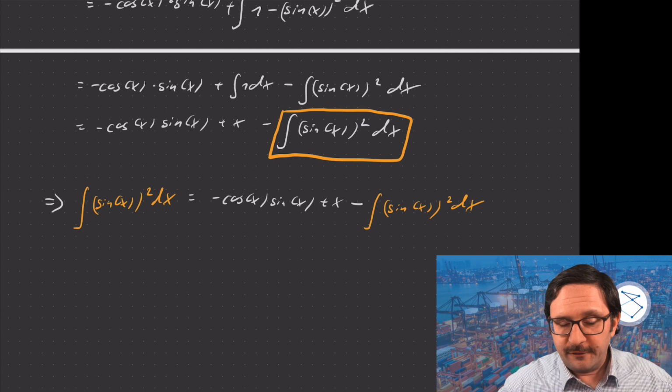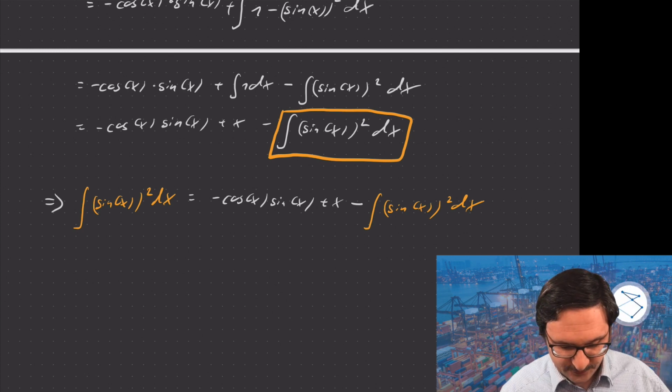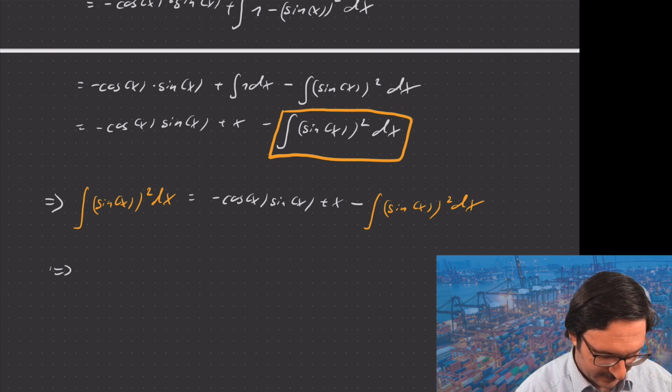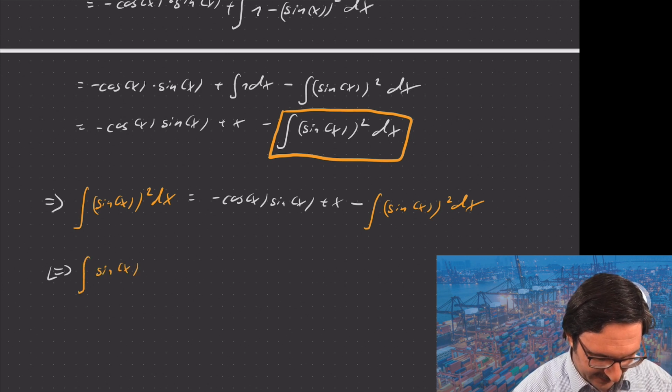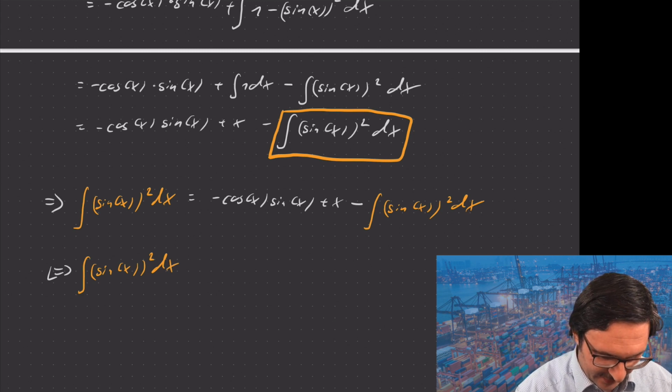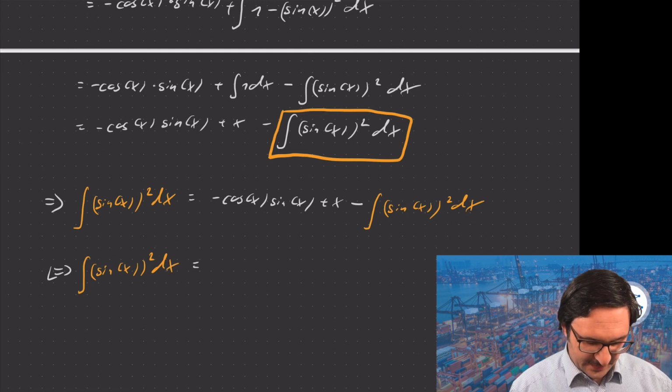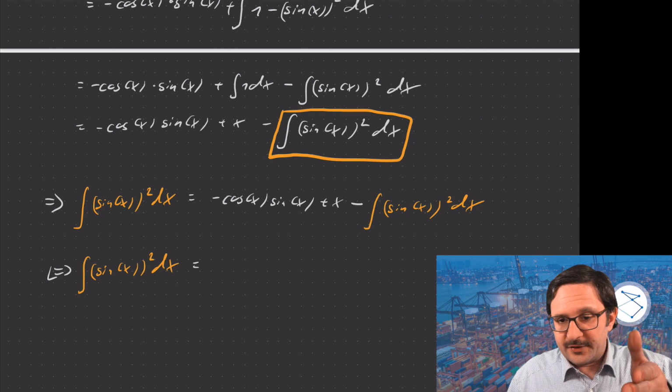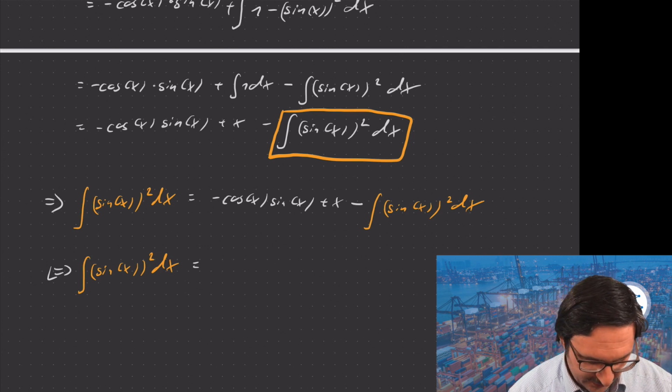So we can just solve that for this orange expression to get the value of the integral that we're looking for. So this is then given by taking the integral to the left and then dividing by 2. That's what we need to do here.